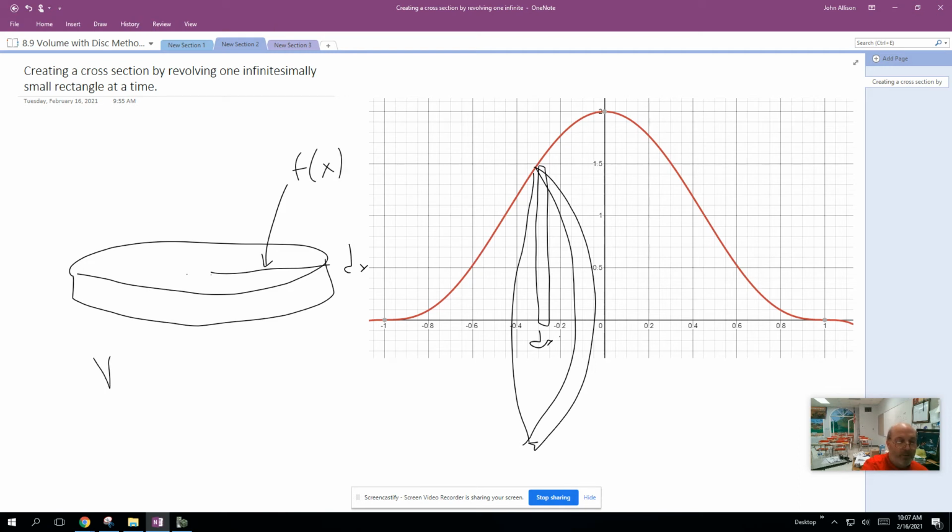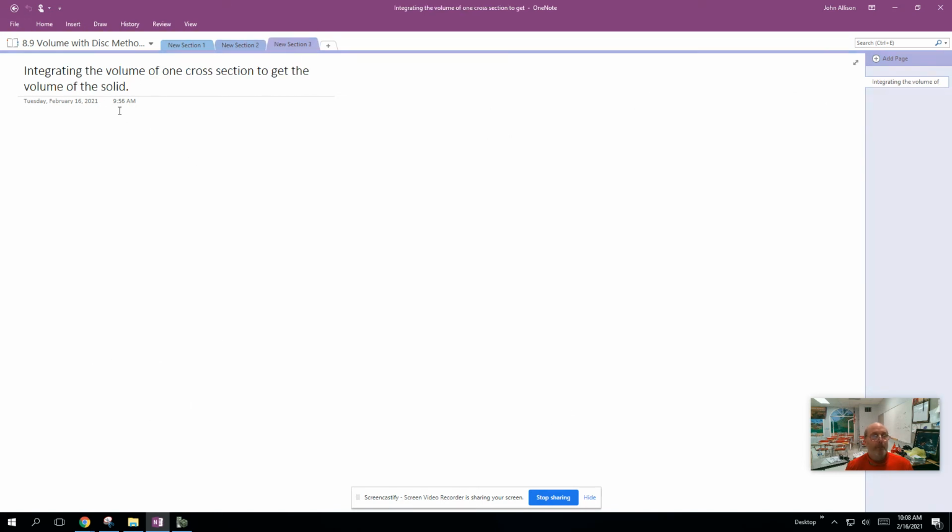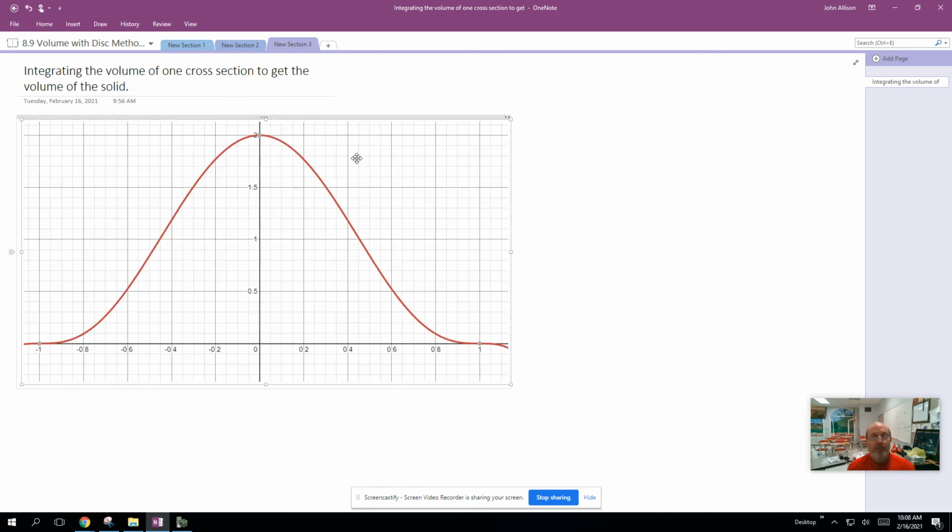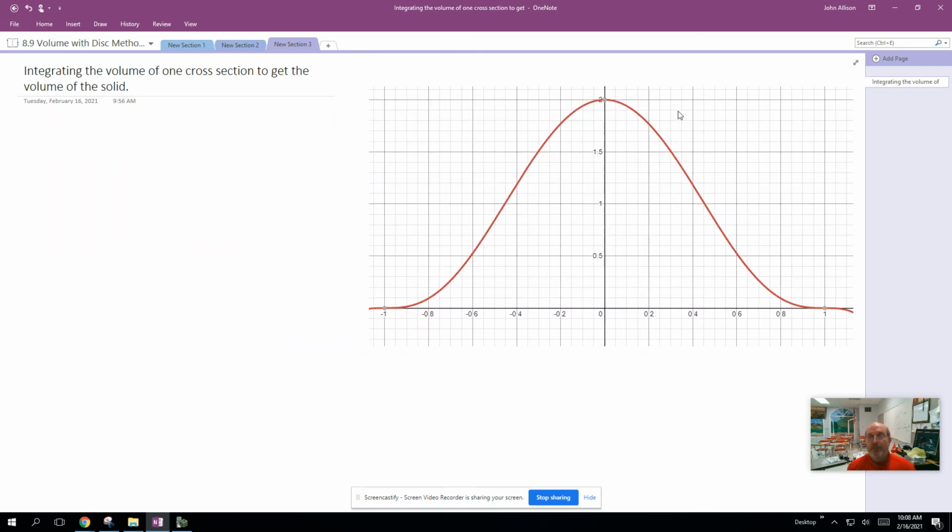And so we could find the volume of this one cross section that we pull out, and that would be pi times the radius squared times dx, which in this case would be pi times f of x squared times dx. That would be the volume of one of these cross sections. And since doing that, if we were going to integrate that, this is one we could integrate.